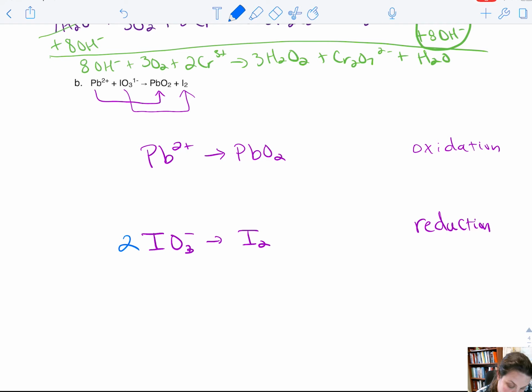Okay, so we're going to balance out our elements. Then we're going to balance out our water, and then our hydrogens. Then our electrons.